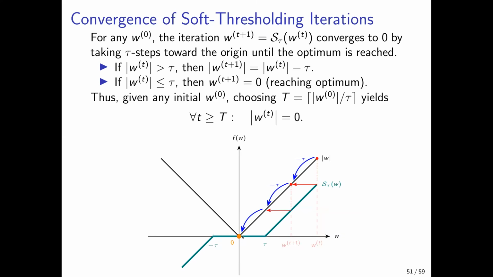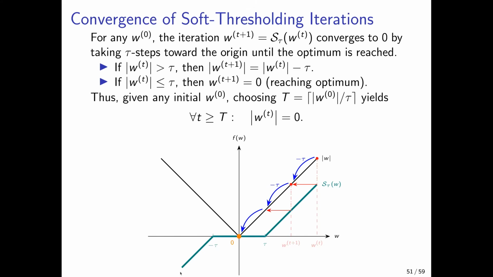Why is this the case? Starting from any initialization, we are taking a tau step in the direction of 0. If we have a positive, possibly very large, initialization, we are doing minus tau in every step. When we have a negative initialization, we are doing plus tau in every step.